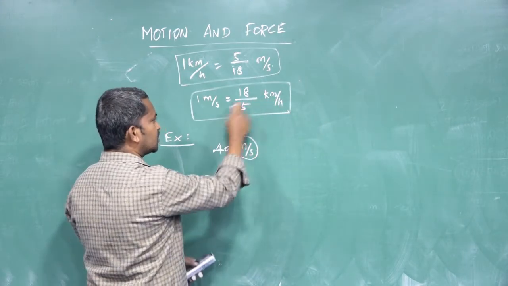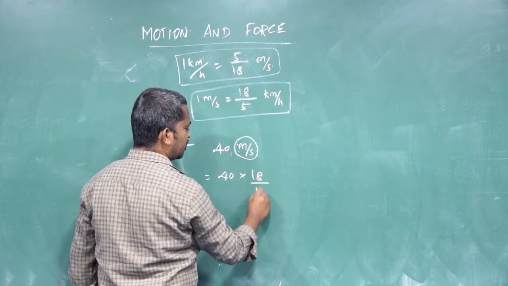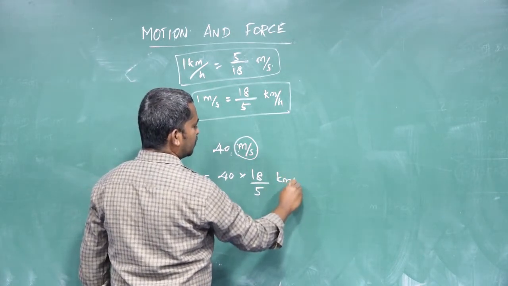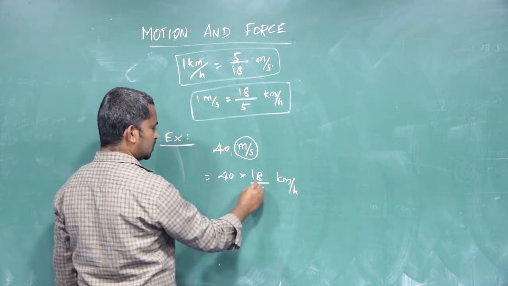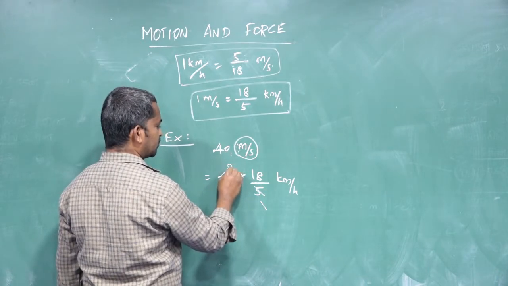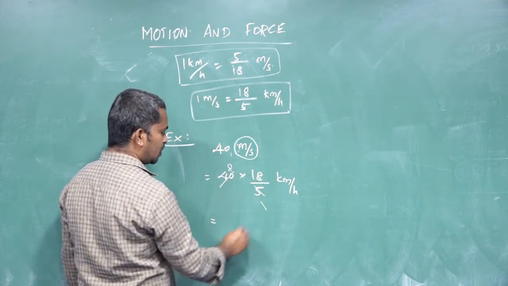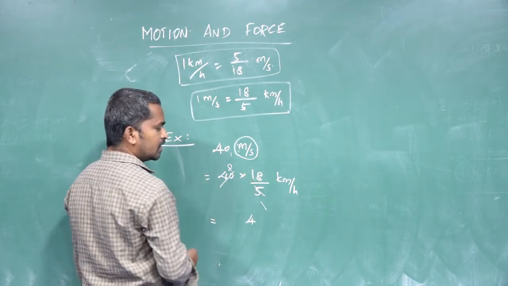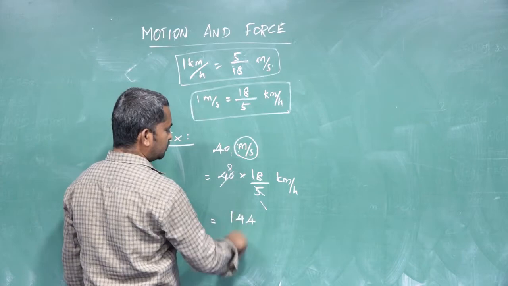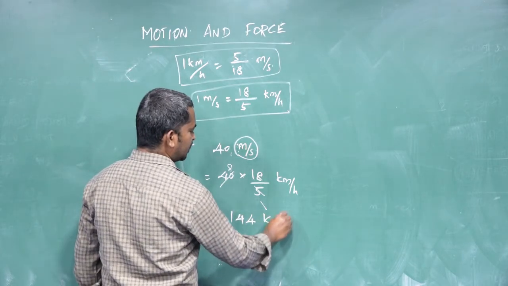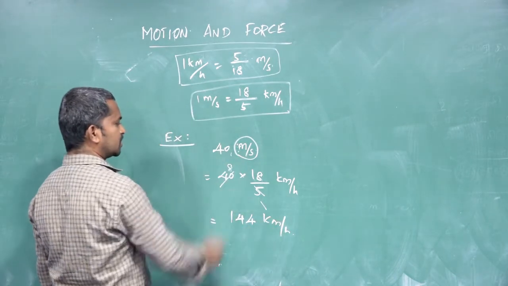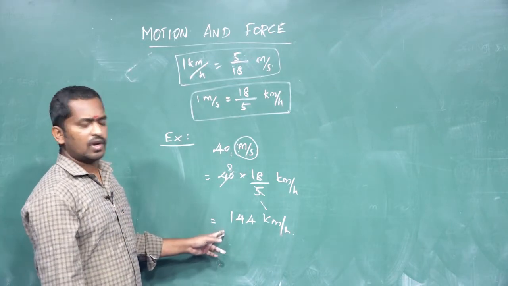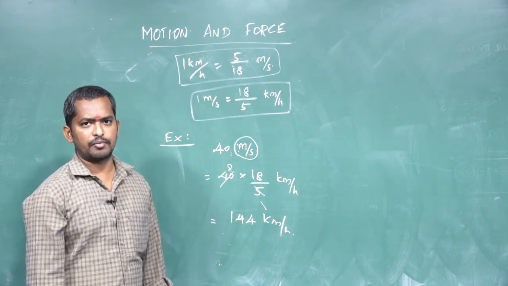Substituting, 5 goes 1 time into 5, and 5 goes 8 times into 40. Multiplying, 8 times 18: 8 8s are 64, 4 remaining 6, 8 1s are 8, 6 and 8 make 14, so 144 kilometer per hour. So 40 meter per second is equal to 144 kilometer per hour.